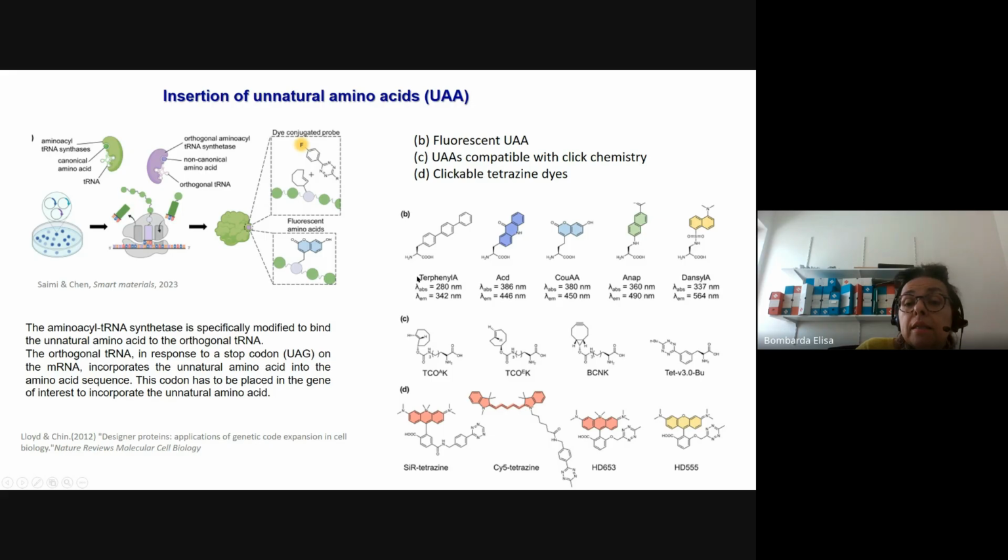So here there are examples of amino acids. In this case, they are not even amino acids with the fluorophore on the side chain. These are practically fluorophores where the fluorophore is the side chain.